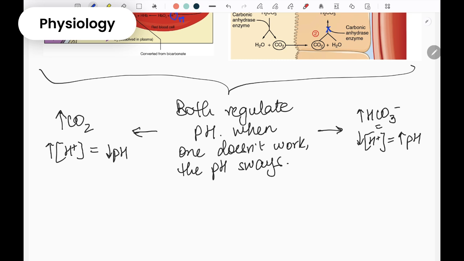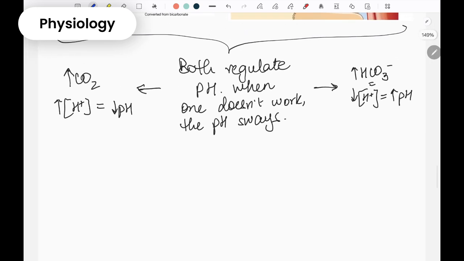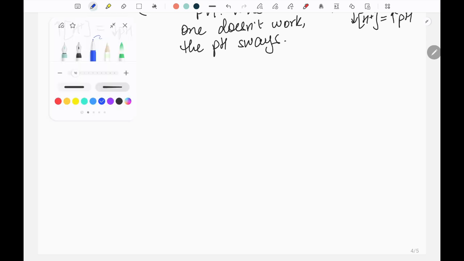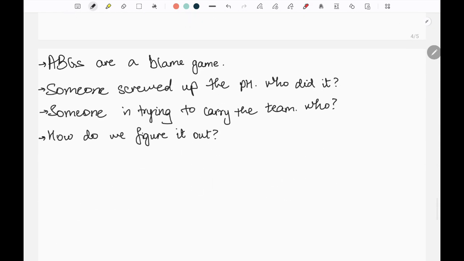When bicarb goes up, pH goes up. Now that we have these key rules of thumb in place, we can start to make more sense of why things happen the way they do and how we can classify it so that we can discuss it when we are trying to solve a patient's case.